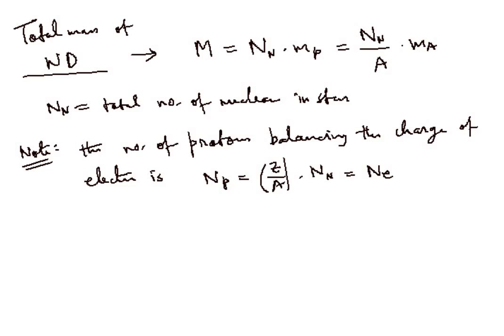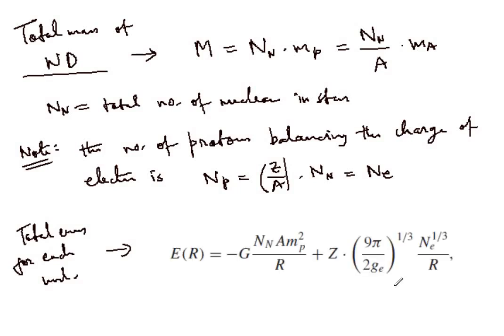So, with these modifications, let me write down the total energy for each nucleus. The total energy for each nucleus is basically given by this relation. You see, in these two terms we have replaced the Fermi momentum of the electrons in terms of the number of electrons, Ne, with g being the degeneracy factor of the electrons.